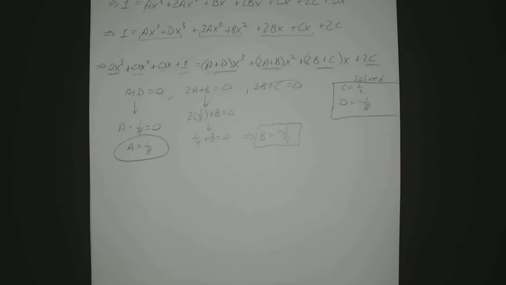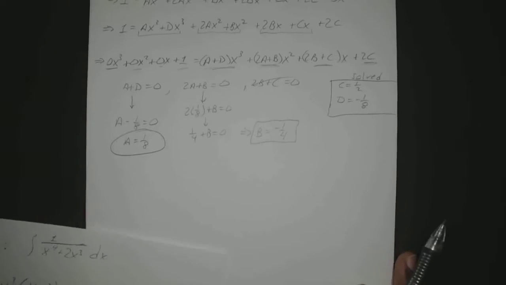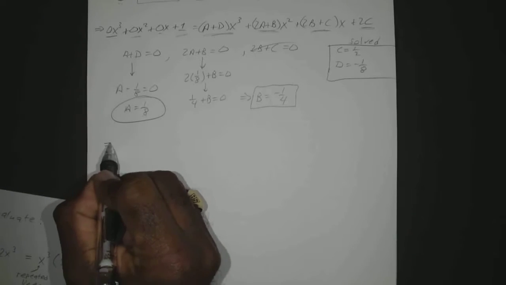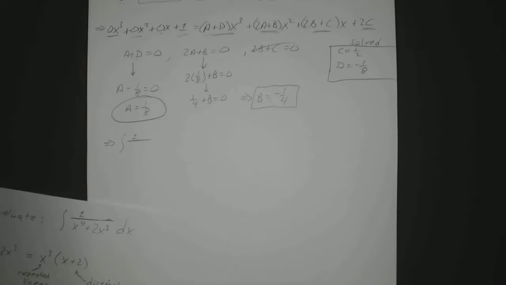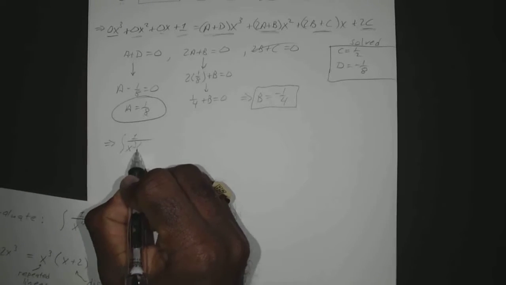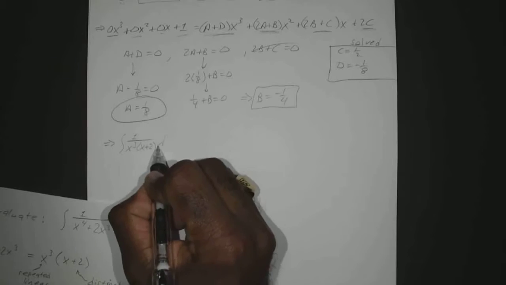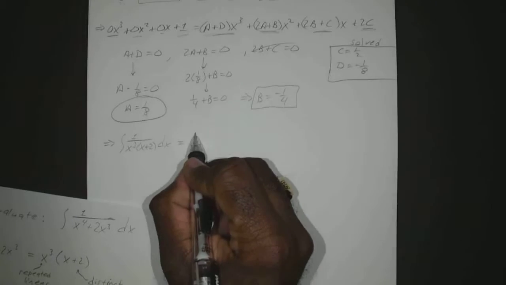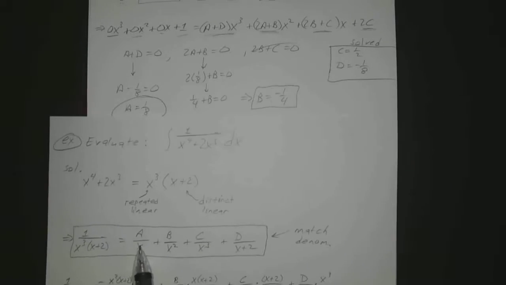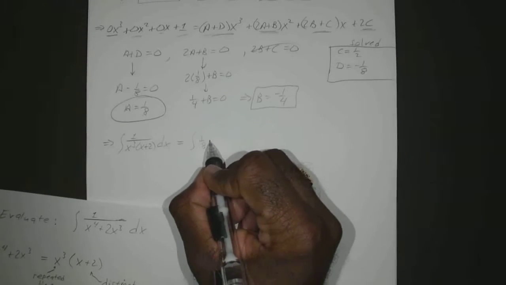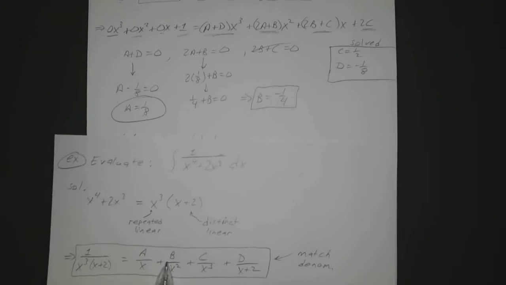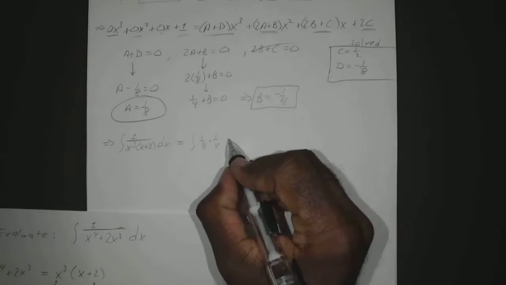Okay, so go to our old reliable formula here. So we know that the integral of 1 over x cubed times x plus 2 with respect to x equals the integral of A over x. A is 1/8, so we can just bring that 1/8 times 1 over x, plus B over x squared.